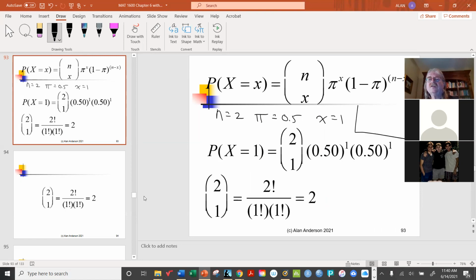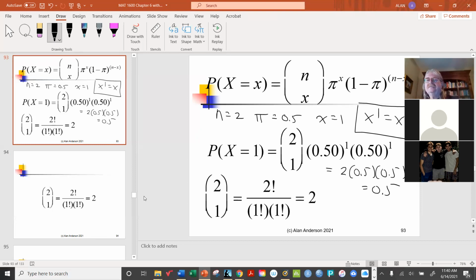Remember that x to the first power is just x. So basically what I have here is 2 times 1/2 times 1/2, which is a half. And that's exactly what it shows on the chart, except the chart says a half, here it's 0.5. It doesn't matter. So it works out pretty well.